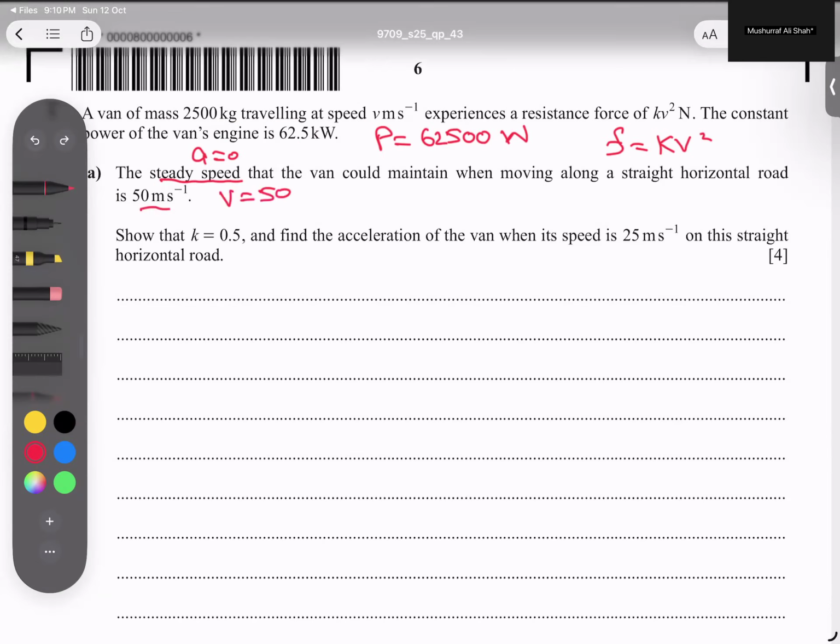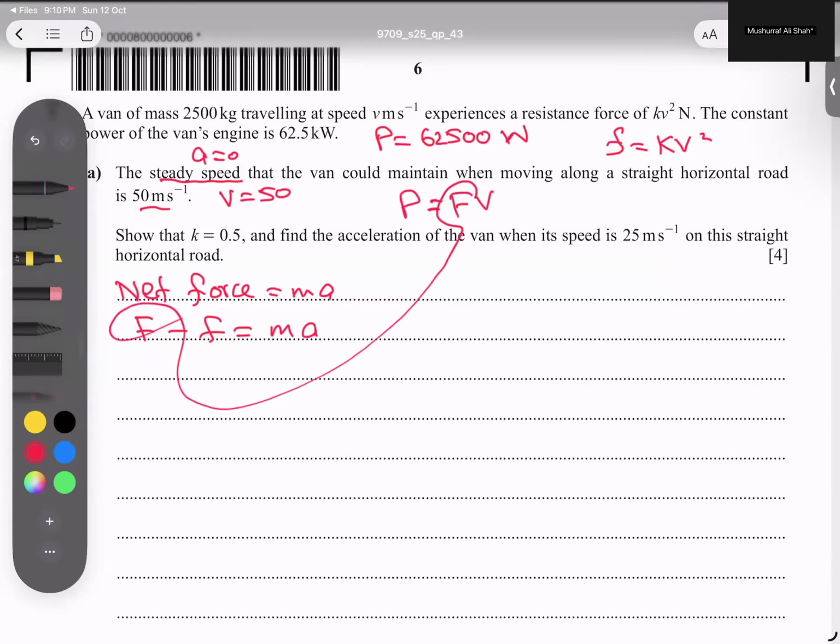Basically, what formula do we use? Net force equals ma. Applied force minus friction force equals ma. And the power formula, you know, is F times V. If I make F the subject, V will go under it. So I can replace it: power by V minus friction equals 0 because acceleration is 0.